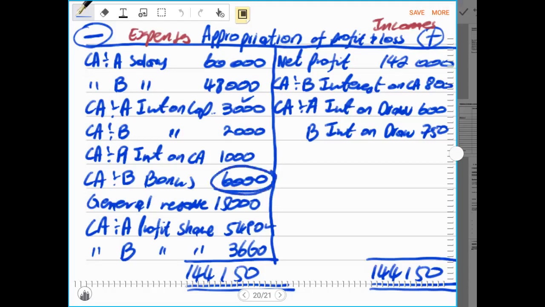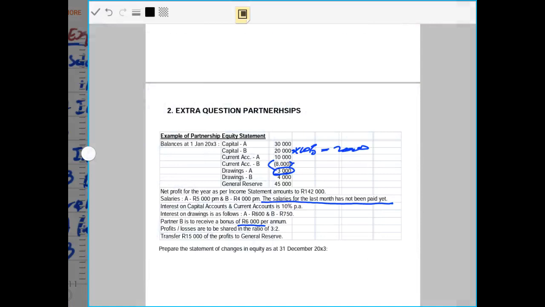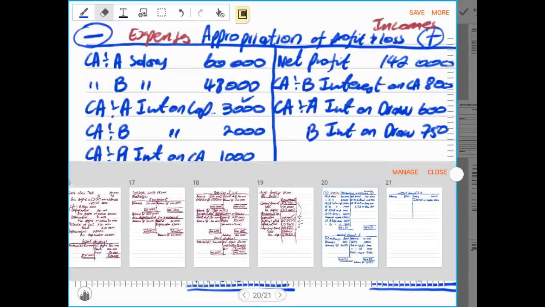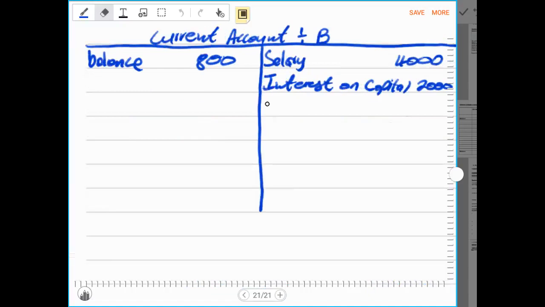There is a bonus of 6,000 rands. So now we have to record that bonus on the credit side of the ledger account for the current account of partner B. So we record that as a bonus on the credit side, a bonus of 6,000 rands.